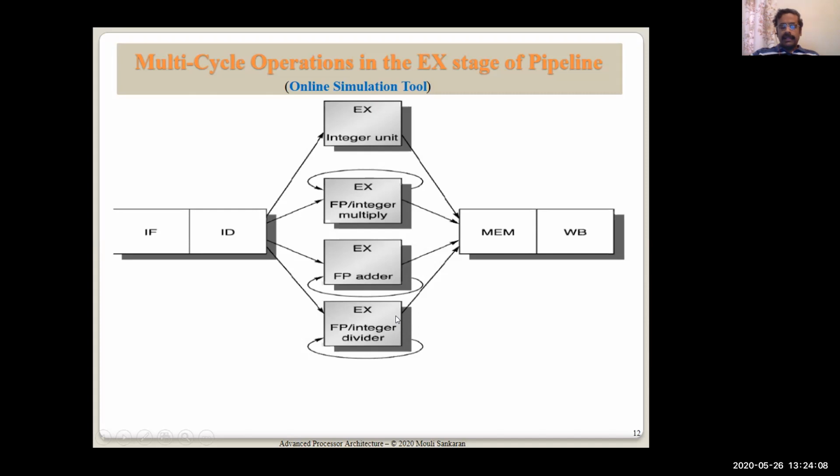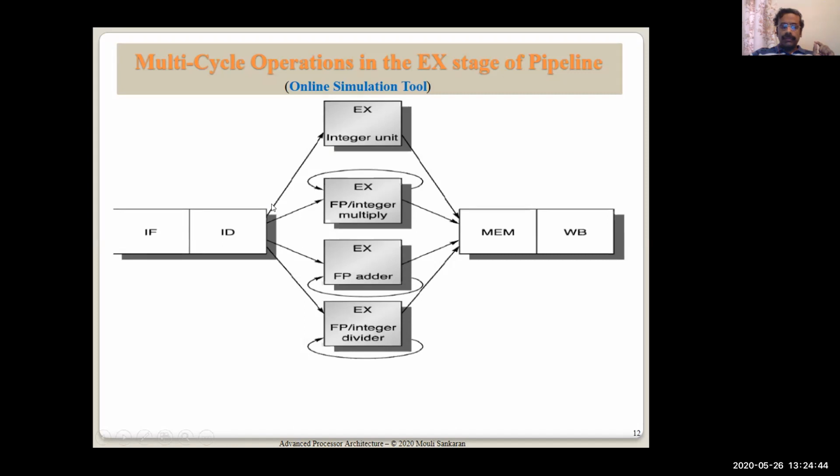Instead of a single ALU, I am showing different hardware units in the middle of the pipeline, in place of the EX stage. From the names you can make out, this is just an integer unit which can perform integer addition, subtraction, and logical operations like AND and OR.